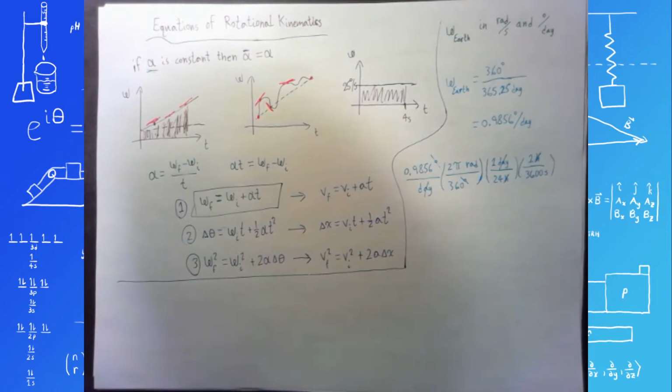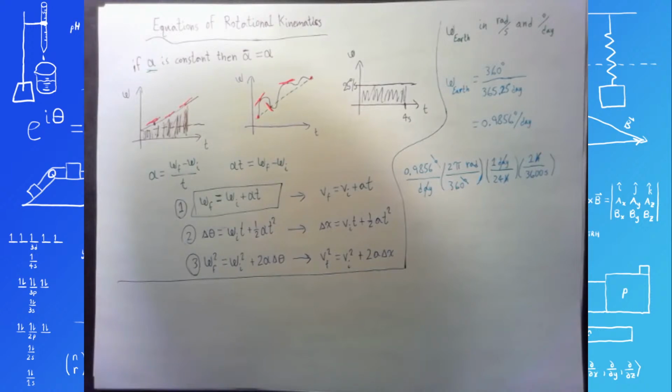There's nothing to prove here, so I'll go ahead and substitute it. 0.9856 times 2 pi divided by 360 and divided by 24 and divided by 3,600 is a very tiny number. Let me actually switch to scientific notation for this. Mode scientific, and then redo that calculation.